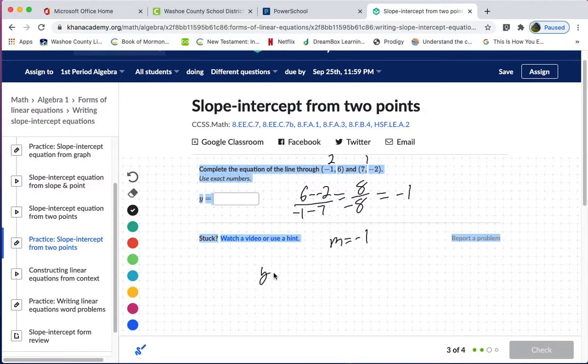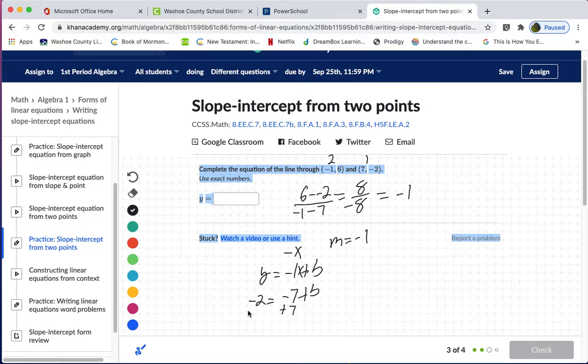And so y equals -1x plus b. You could just write this as -x. I'm going to plug in the first point, so that's -2 equals -7 plus b.